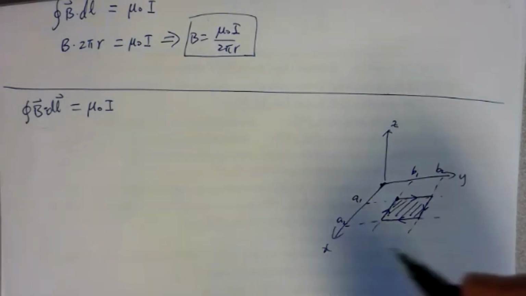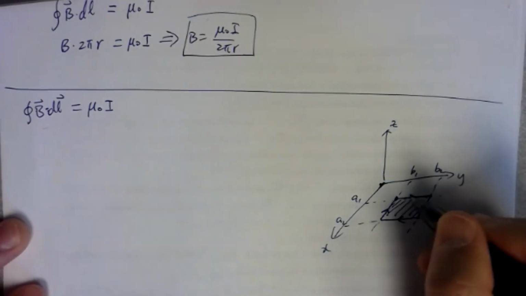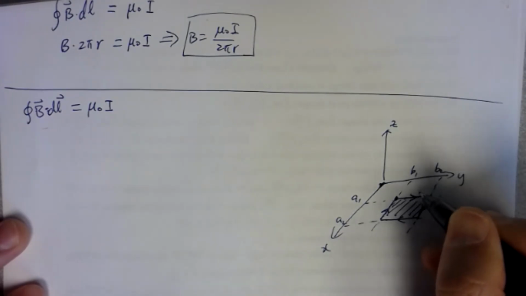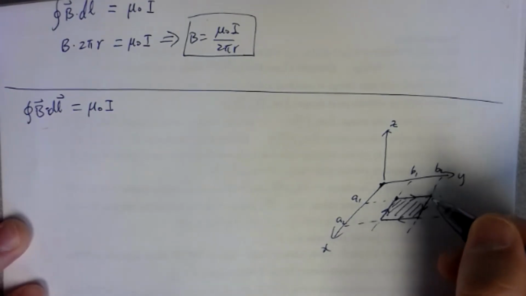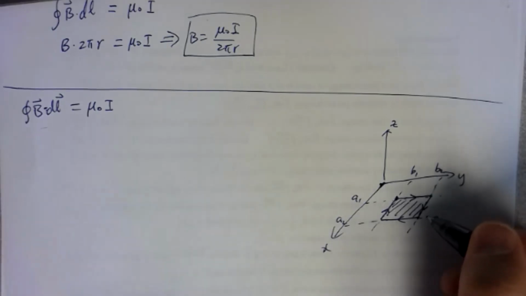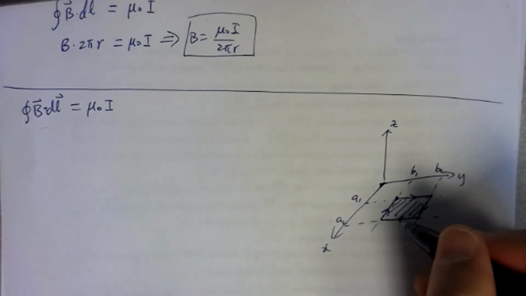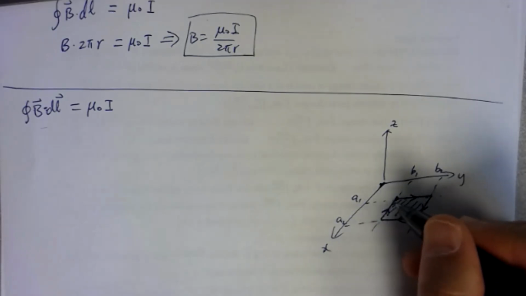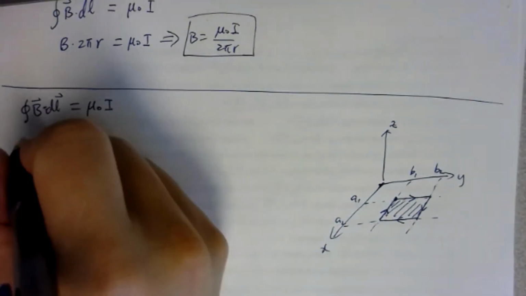The dl on this side will be dy in the y direction, and this one will be dx. This guy will be dy, and this guy will be dx. So there are four segments.